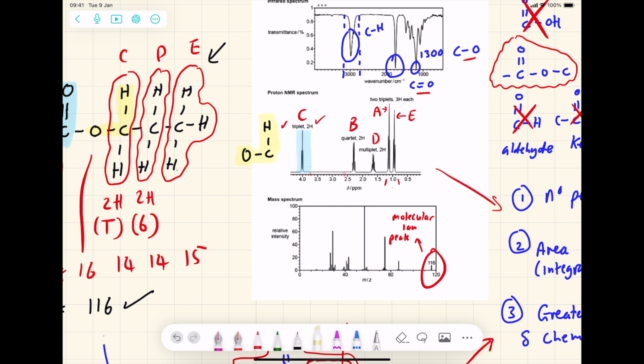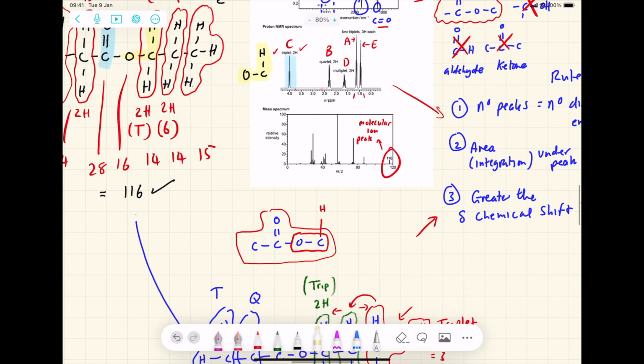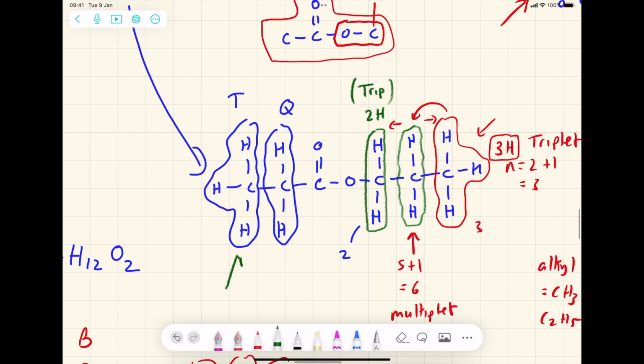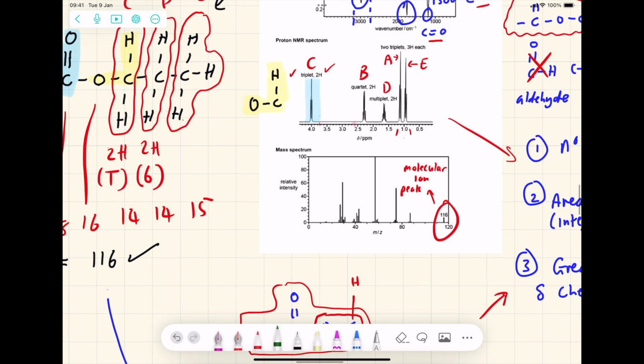And then what you do at the end, as well as looking at the mass spec, or maybe some other clues you're given, like they might give you a result of a chemical test. So they might say decolorizes bromine water and you think, oh okay, it contains a double bond, or a Tollens' test or Fehling's or something like that. Once you put all of those clues together, put the functional groups down on the page, like I did there, as pieces of a jigsaw, and then assemble them in a way that each environment in your drawing, so the ones that I've circled here, match the environments of the proton NMR.